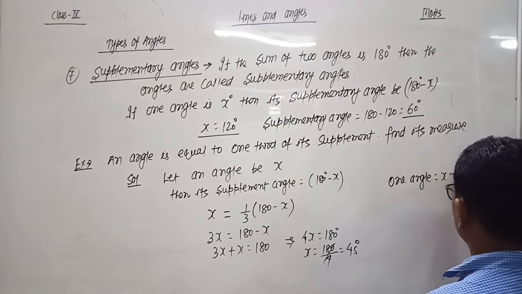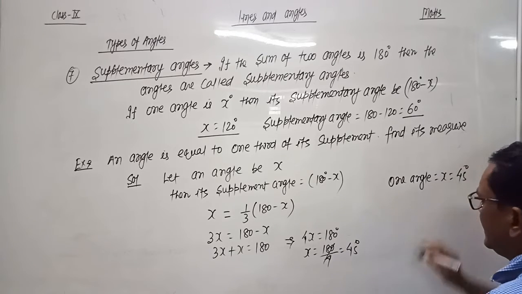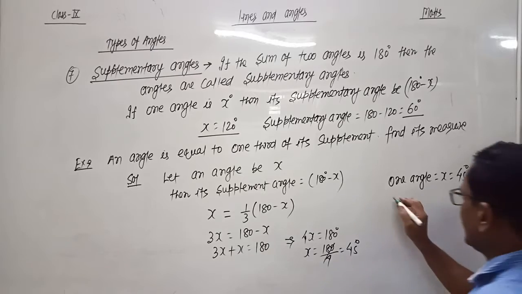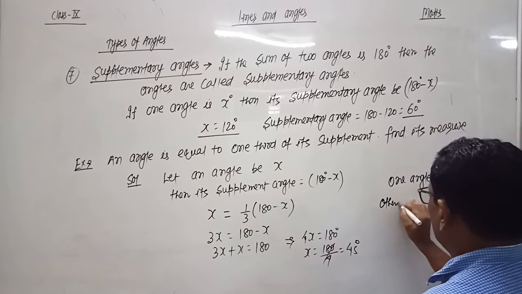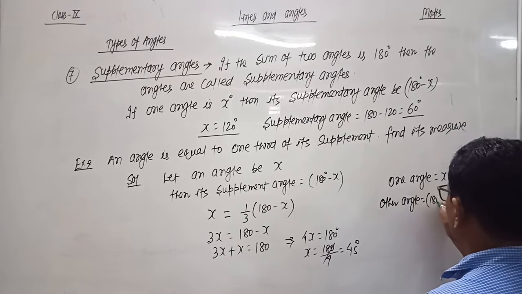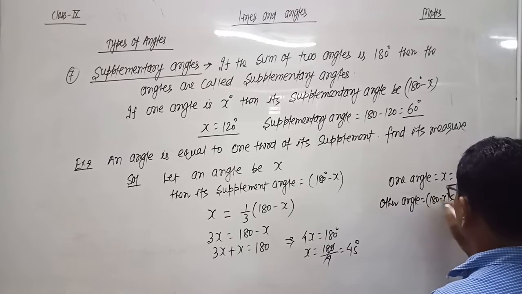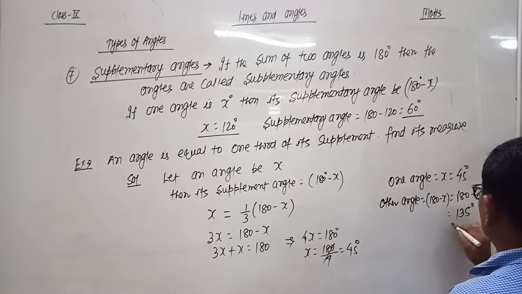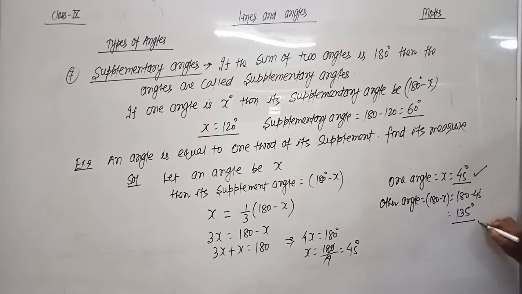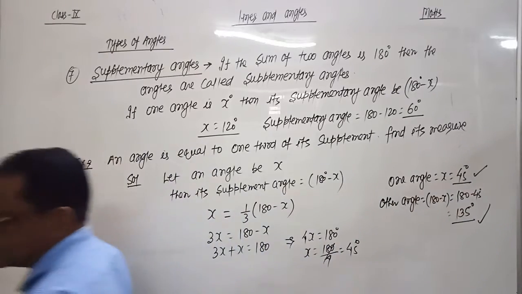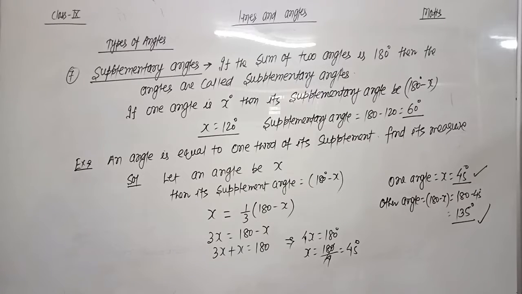One angle x equals 45 degrees, and its supplementary angle, the other angle, is 180 minus x. So 180 minus 45, we get 135 degrees. And the sum of these two angles is 180 degrees. That's why these two angles are supplementary angles.